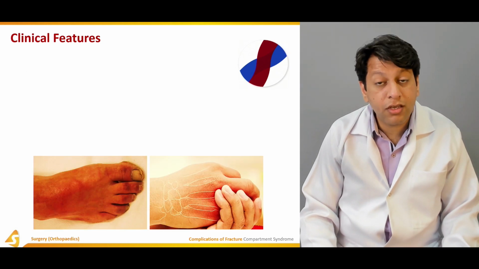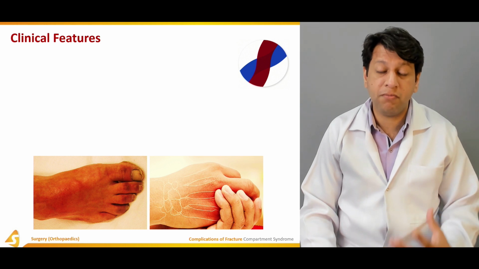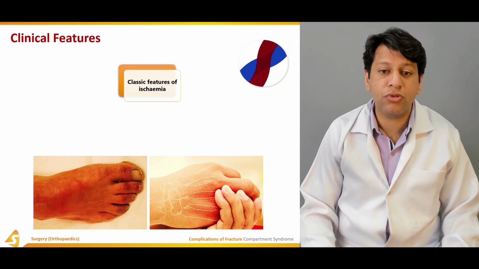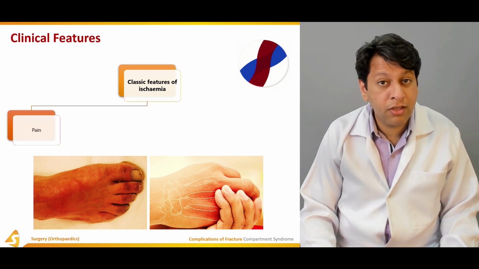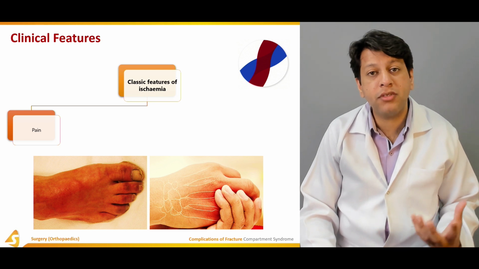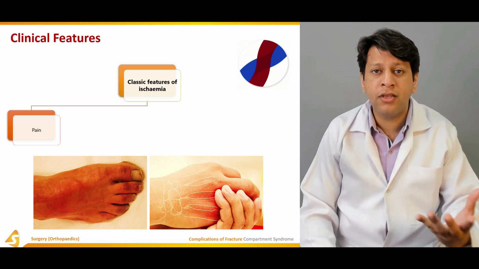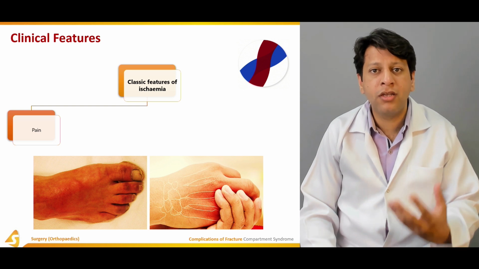So what are its clinical features? Classically it's called the 6 P's, or the 5 P's as some say, but mostly it's commonly 5 or 6 P's. The foremost is pain. And it's not just pain, it's pain out of proportion. For example, let's suppose there was a transverse fracture of the distal tibia.